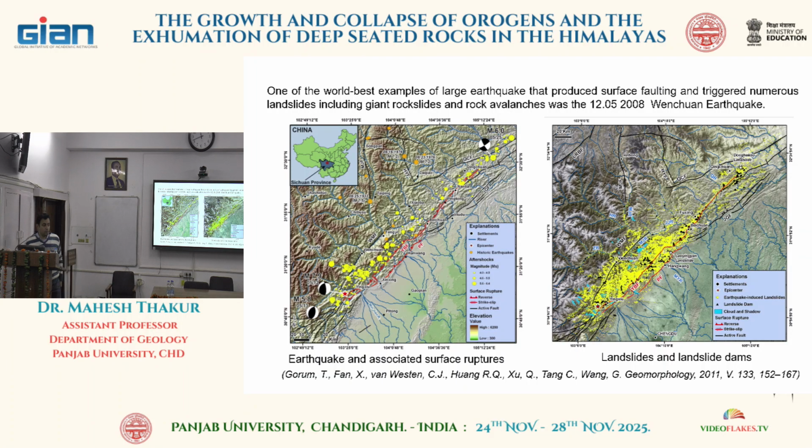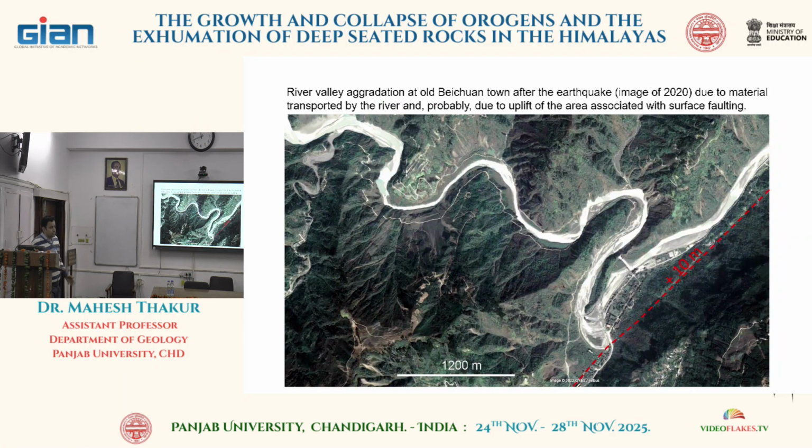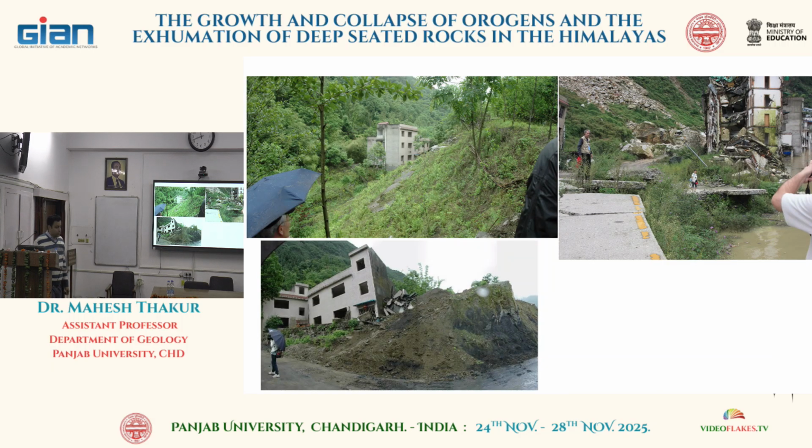You can have a lot of these. In this case, they are showing the fault trace, and there is a 10-meter rise of the land after the earthquake. So you can see this whole building going up because of this earthquake activity.